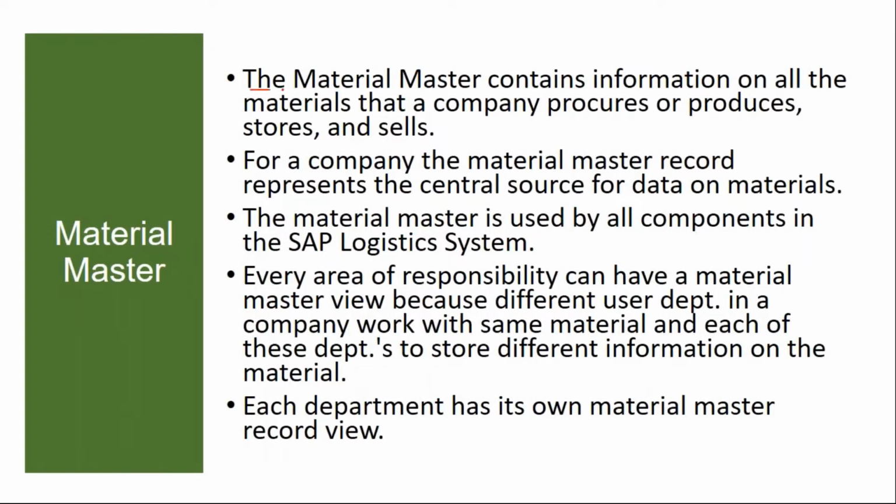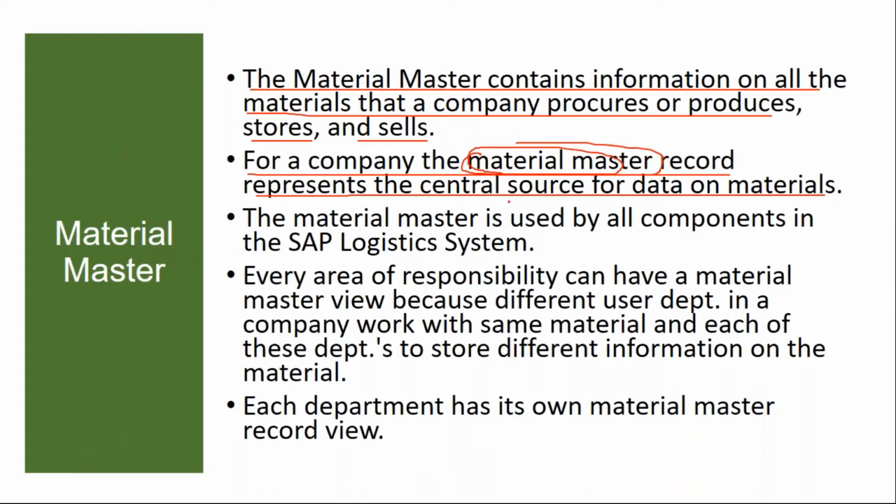The material master contains information on all the materials that a company procures or produces, stores, and sells. So material can be anything, as I told just now. For a company, the material master record represents the central source for data on materials. So material master is centralized source data. It is not only used by one module, it is used by other modules also.